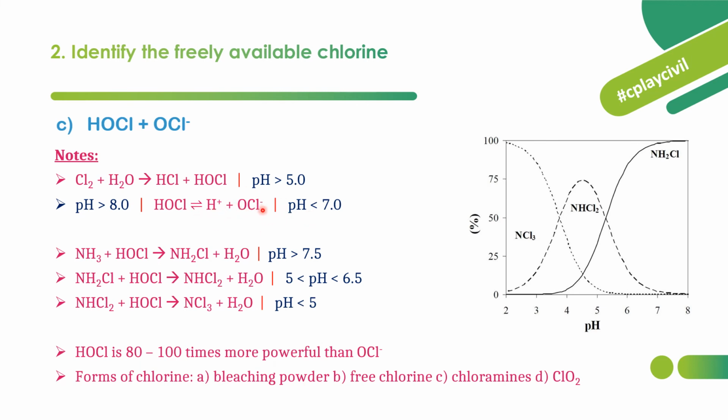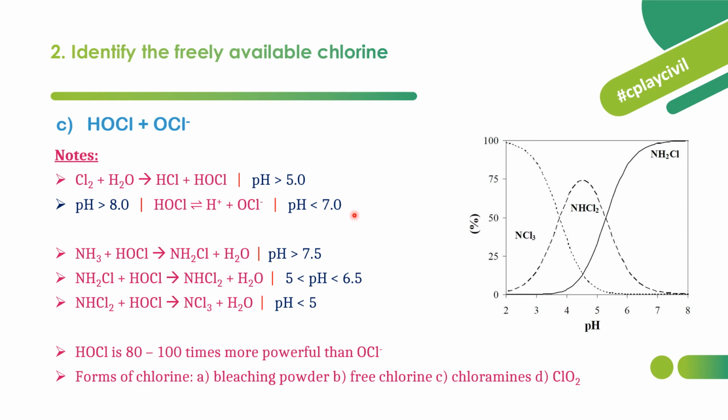And this disintegrated product will again react to form HOCl when the pH is less than 7.